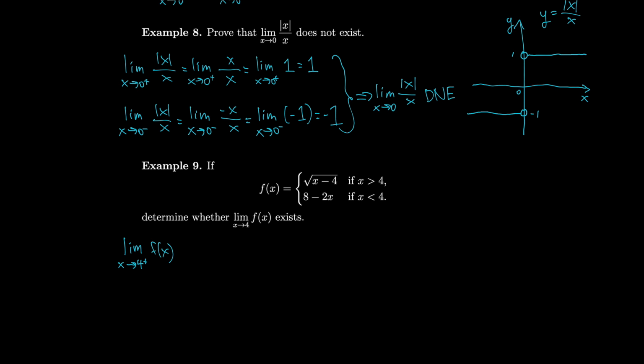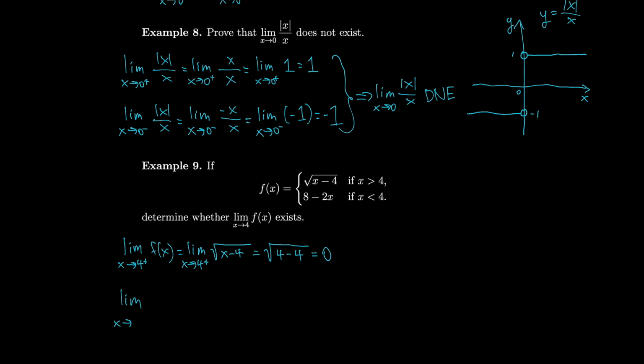So first we look at the right-sided limit. And we use the right definition then, the first one. So it's just square root of x minus 4. We plug in 4 because we can put our limit inside of our square root, and then it's a polynomial, so it becomes square root of 4 minus 4, which is 0.